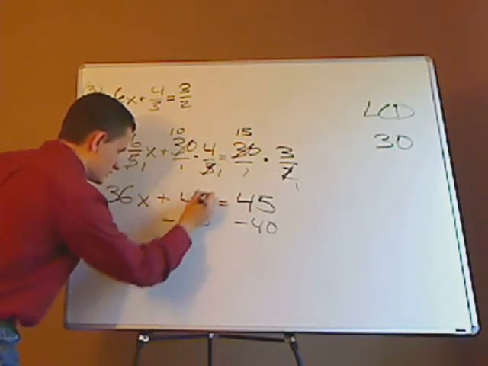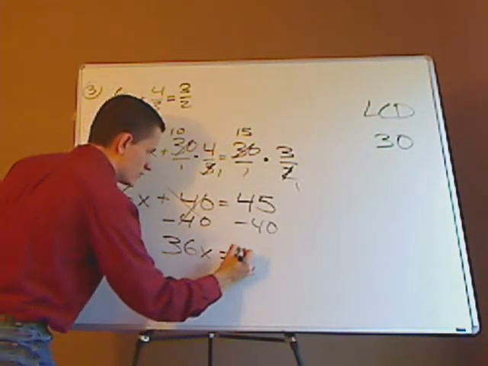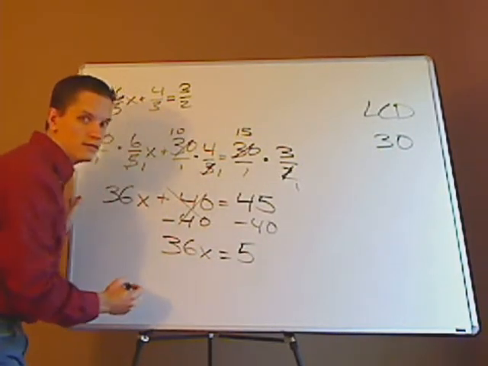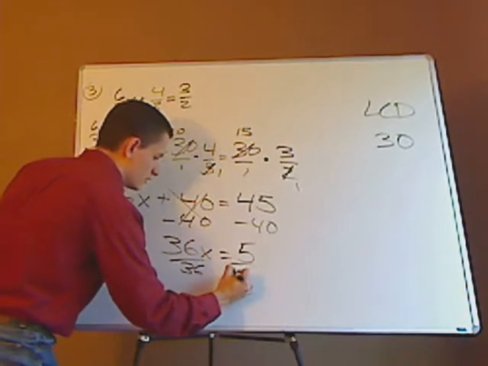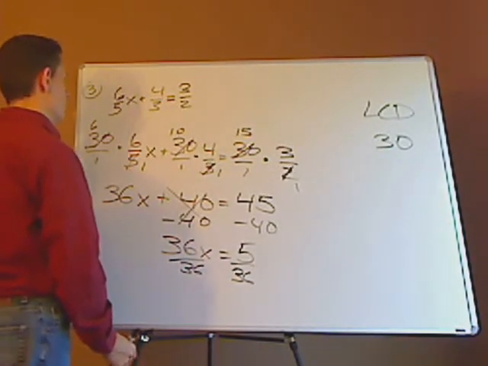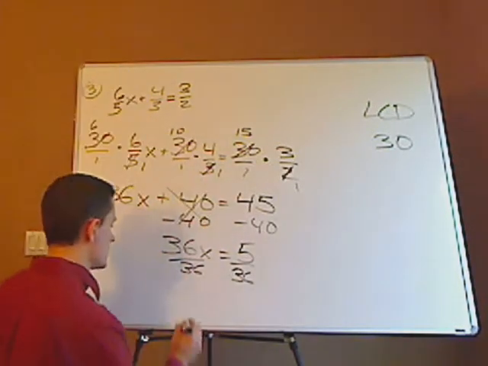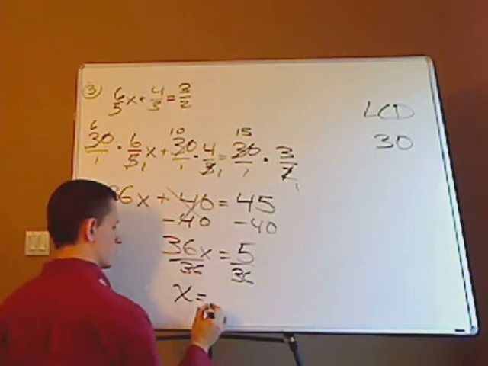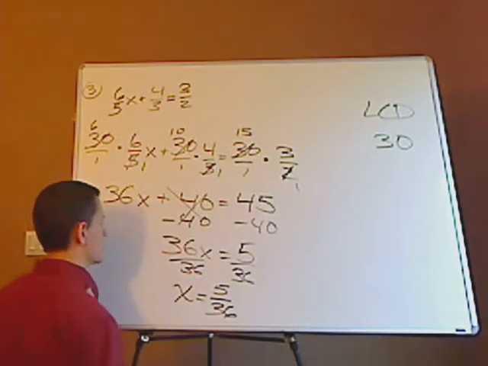You get 36x, because that cancels out. You get 36x equals 5. Then you divide both sides by 36. So your final answer is going to be x equals 5 over 36.